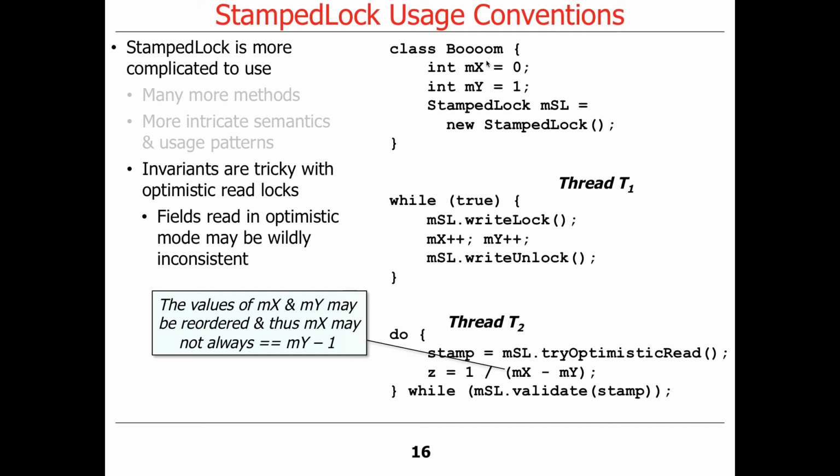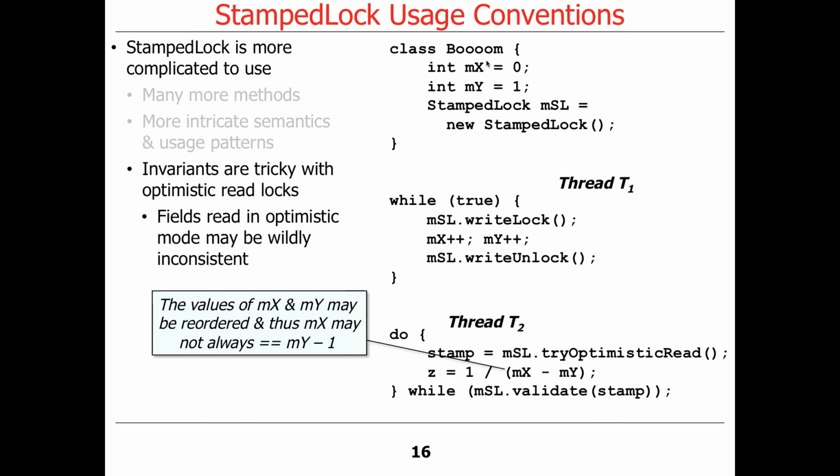But down here, notice we're using an optimistic read as opposed to a read or a write lock. As a result, there are really no deep guarantees on the order in which this thread is going to see x and y. So it may turn out that x has the value of 1 and y has the value of 1.